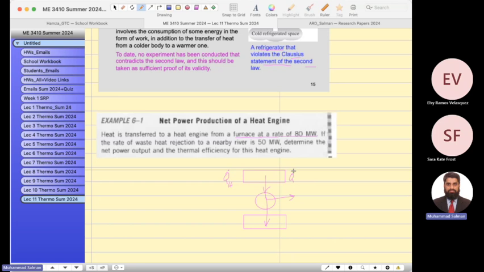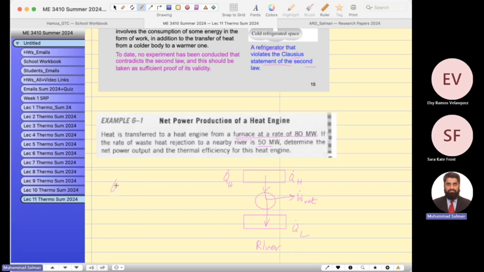This is Q dot H. So this is just a rough sketch to explain to you. Heat is transferred from the furnace, which is at high temperature. And if the waste heat is rejected to the nearby river, this is the river, okay? So we have to reject some heat to the river.